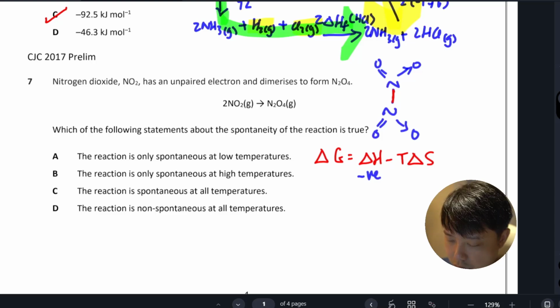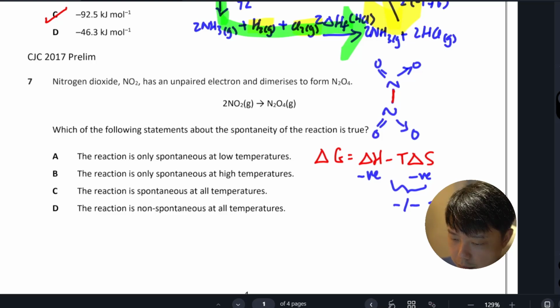Delta S is negative as well because you lose one mole of gaseous molecules. Okay, so this whole term, minus T delta S, is negative times negative, which makes it overall positive. Okay, so your minus T delta S is a positive term.